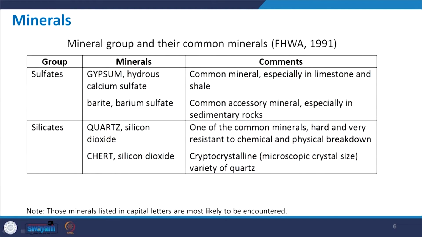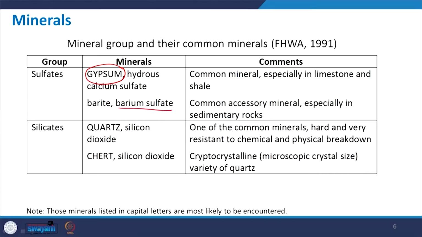Coming to the next one, sulfates. Gypsum, very well known to most of us, is hydrous calcium sulfate. It is a common mineral, especially in limestone and shale. Then the next in the sulfate group is barite, or barium sulfate, which is again a common accessory mineral, especially in sedimentary rocks.